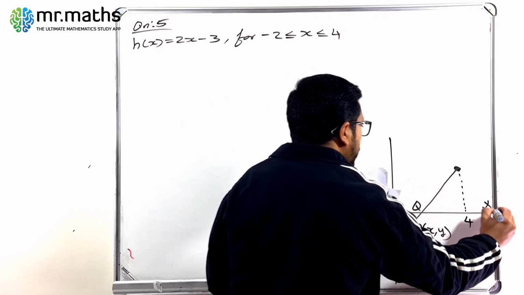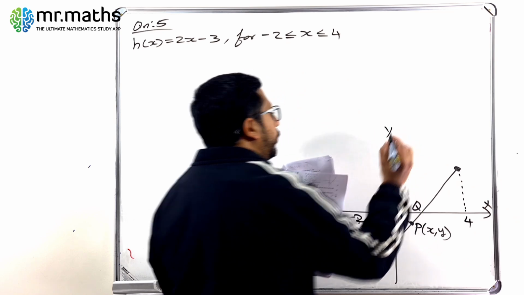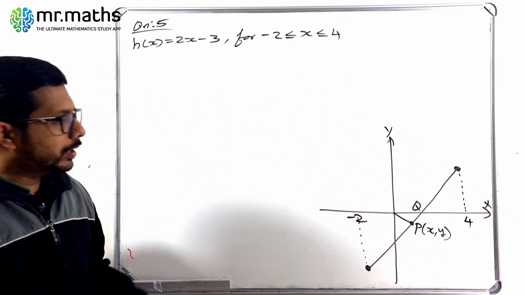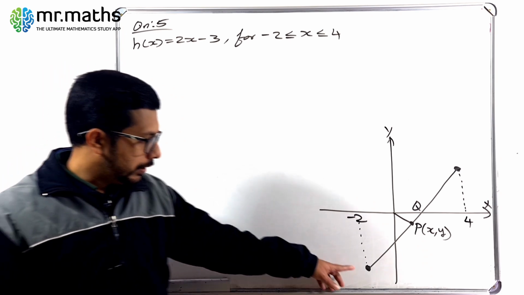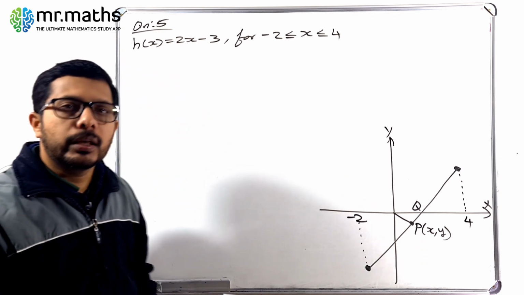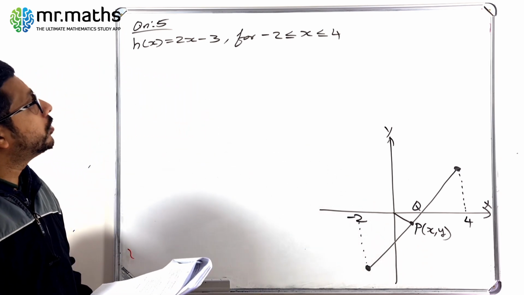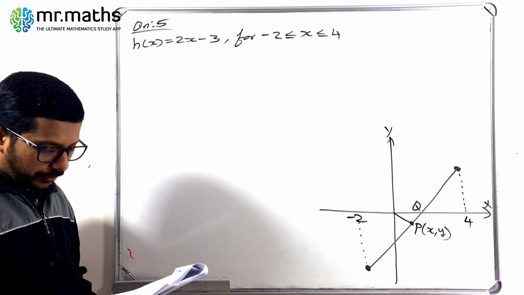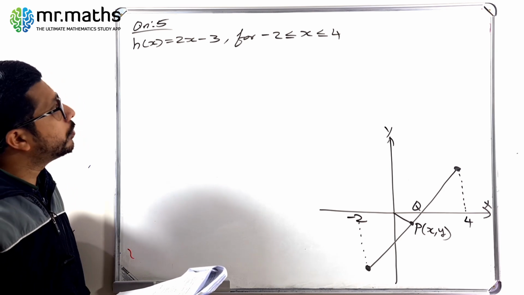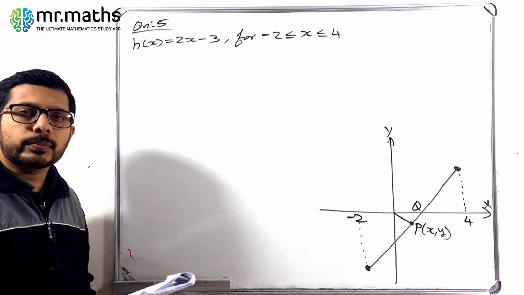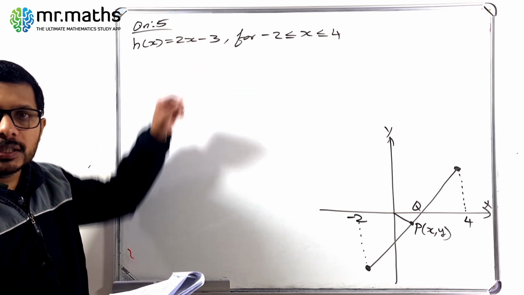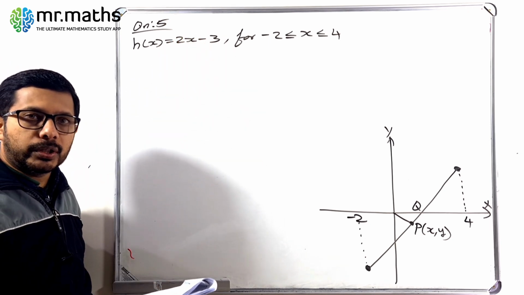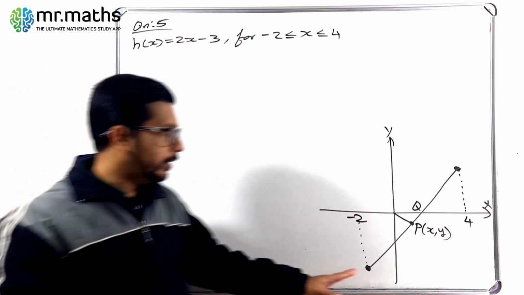This is the x-axis, this is the y-axis. So these are the given things, and this is the given graph. What is the equation of that graph? H of x is equal to 2x minus 3. What is the power of x? 1. That means this is a linear equation.